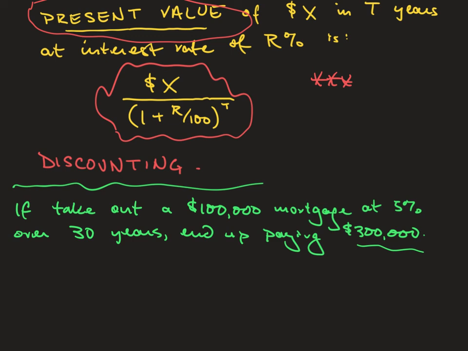But if you make a $1,000 payment 20 years from now, that $1,000 is not equivalent to $1,000 today. It should be discounted. And so again, this type of statement is false. In present value, you pay exactly what you borrow.